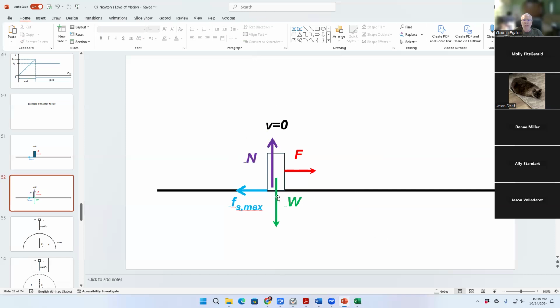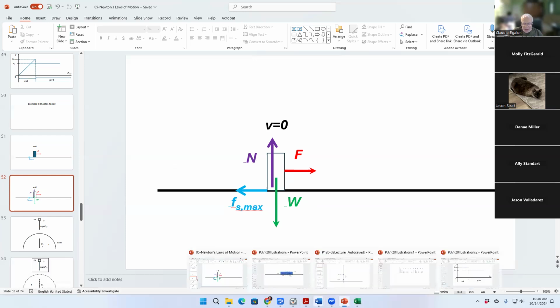The skier is not accelerated along the vertical direction. Consequently, the normal must be equal to her weight. Okay? You go from the free body diagram.